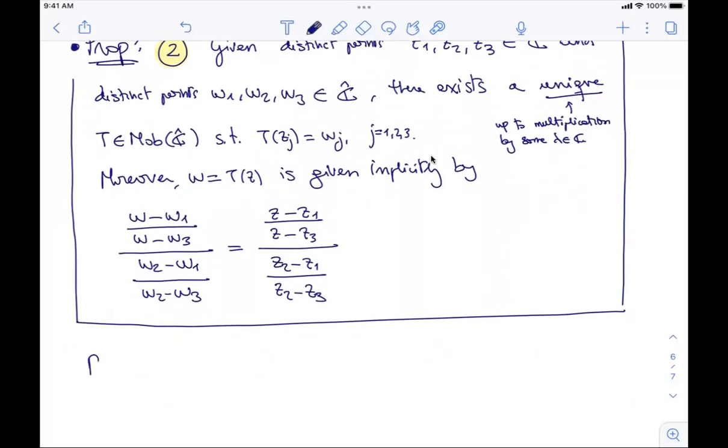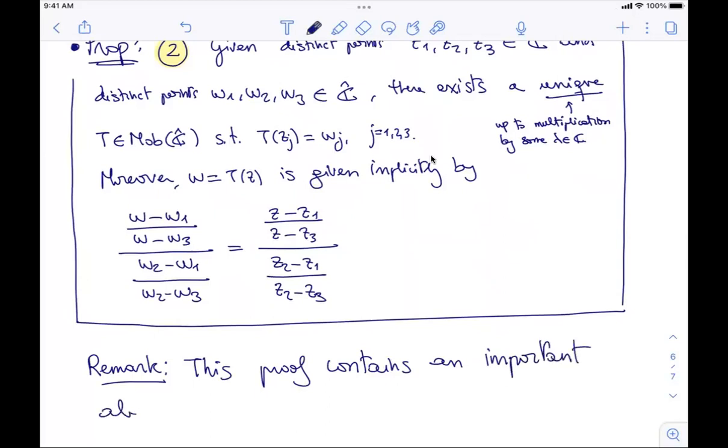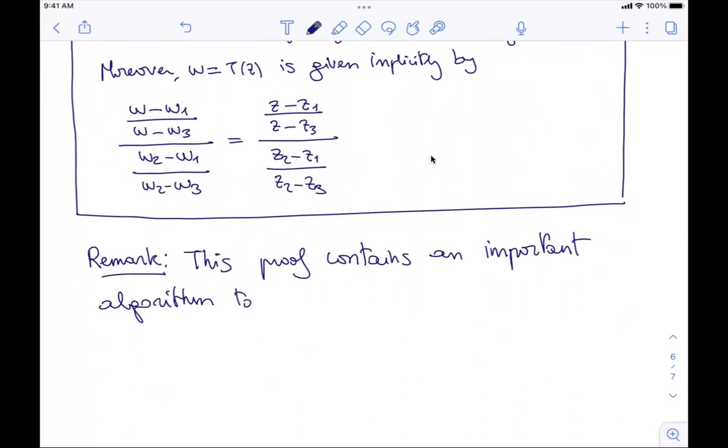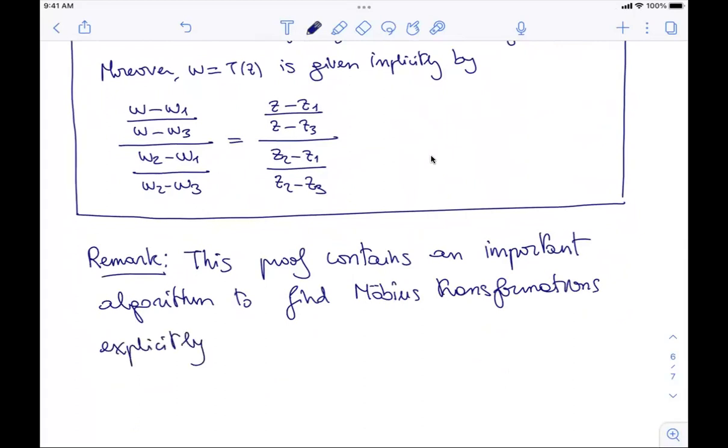Before we continue, let me make a remark here. This proof contains an important algorithm to find Mobius transformations explicitly.